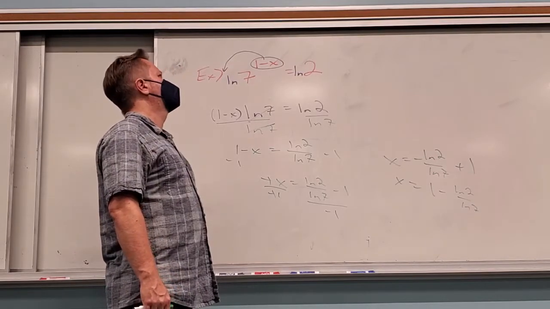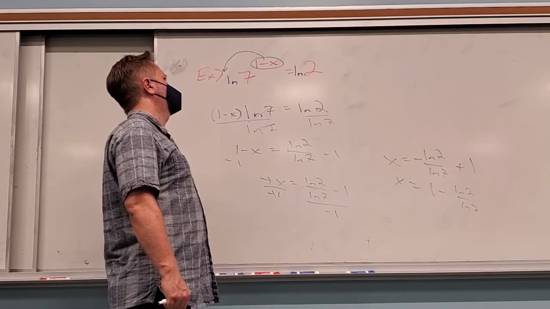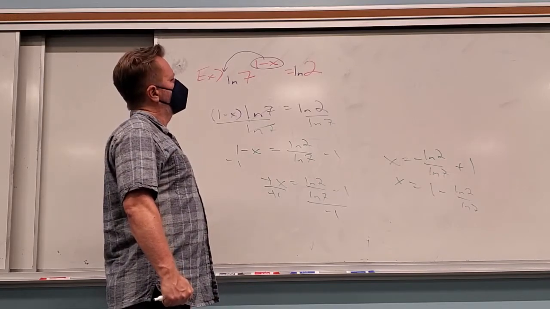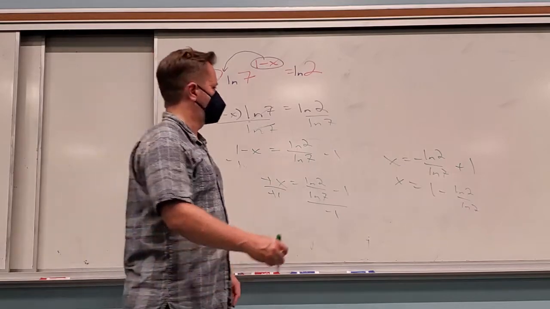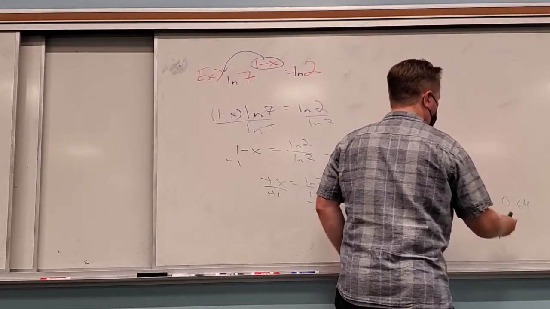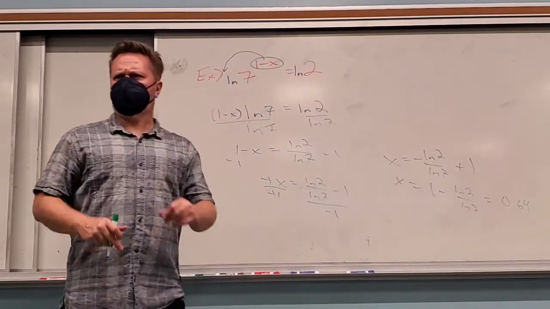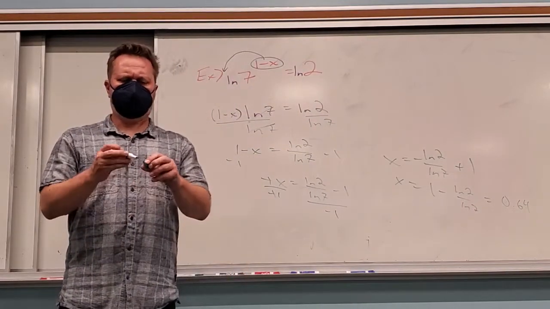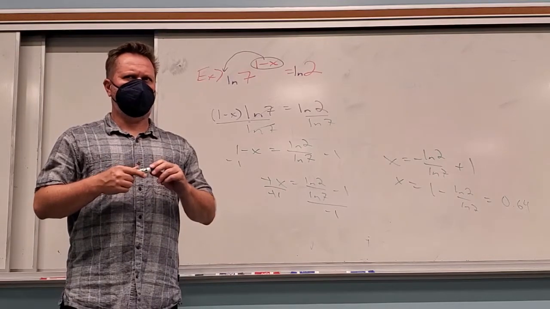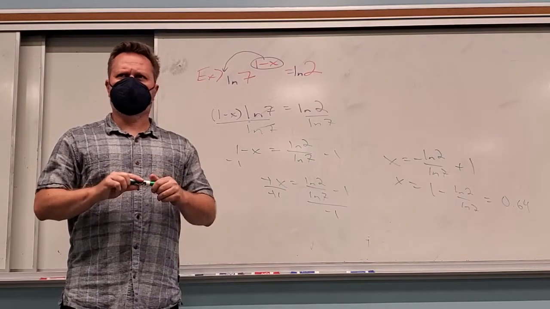That would be 1/3, so that would be 0.6. 0.64. What is it? 0.64, okay. Roughly. Is that what you guys got? 0.64 roughly? Okay. Maybe. No? Uh-oh.